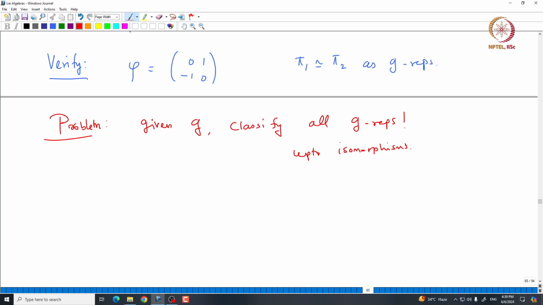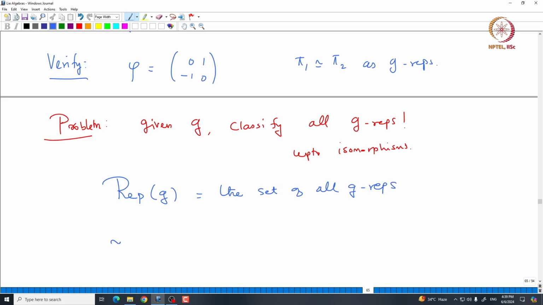So, basically we take this set of all representations, call it the script A. So, the usual notation is Rep G. So, that is the category. So, let us use that notation. So, Rep G is the set of all G representations.